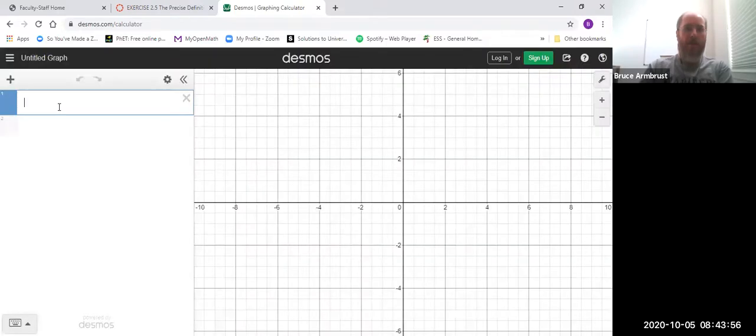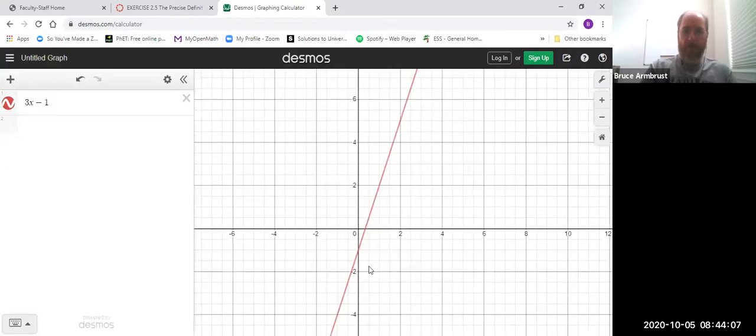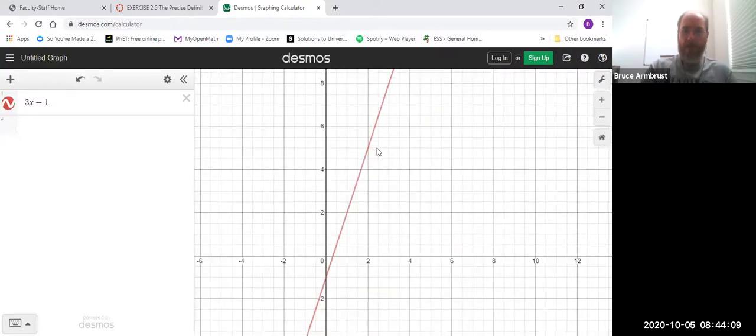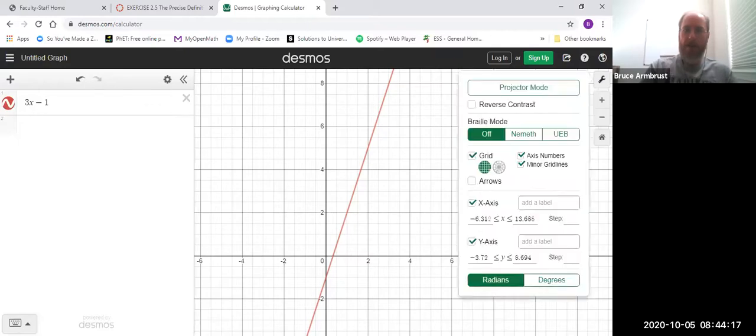All right, so our function was 3x minus 1. So you all know that's a line. Now, we are going to be centered near 2, right? So we want to be kind of near this point. So here's what I'm going to do. Let me start by changing the bounds on my y.